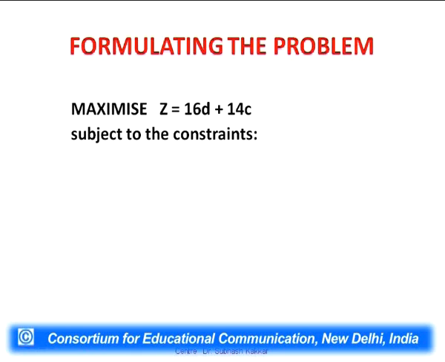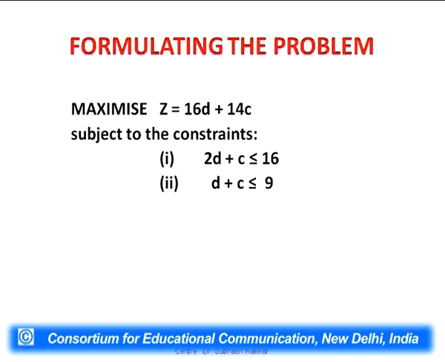And now we will make the constraints. First constraint: 2D plus C is less than or equal to 16, because each doll requires 2 hours and each car requires 1 hour on the molder, and molder capacity is 16 hours. On the assembler, each doll requires 1 hour, each car requires 1 hour, and the total capacity is 9 hours.